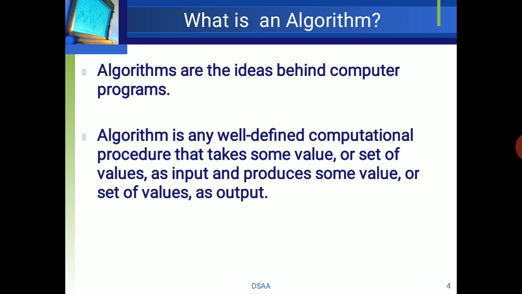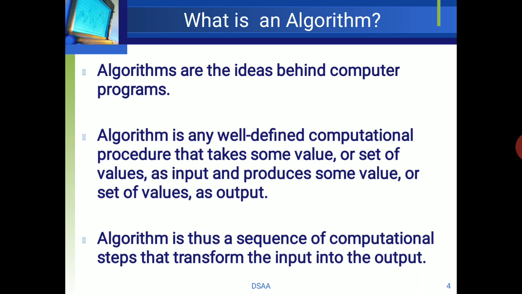Next, an algorithm is any well defined computational procedure that takes some input value or set of values as input and produces some value, which is the output. We discussed this in the previous slide. Finally, what we conclude is that an algorithm is a sequence of computational steps which transforms the input into the output based on some computational procedure.